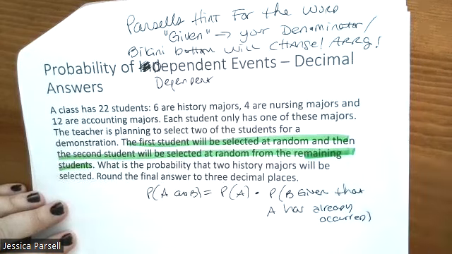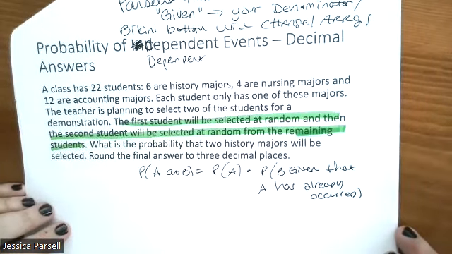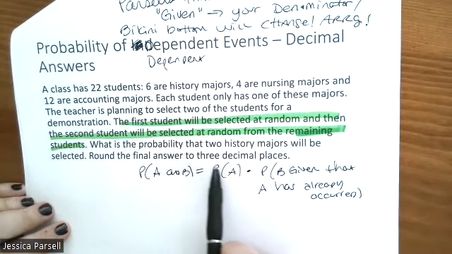All right, because these are dependent on each other, we're going to break out that crazy little formula. And then we have to remember to round our final answer to 3 decimal places.